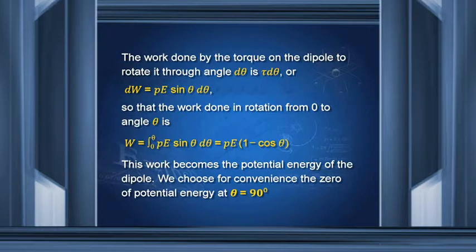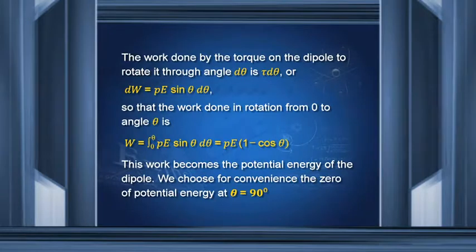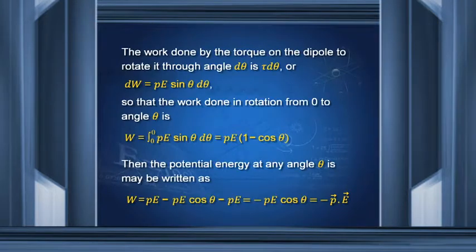This work becomes the potential energy of the dipole, and you remember that we can fix the 0 of the potential. So, for convenience we fix the 0 of potential energy at theta equal to 90 degrees. When theta is 90 degrees, this vanishes. So, the potential energy at an angle theta may be written as PE minus PE cos theta minus PE.